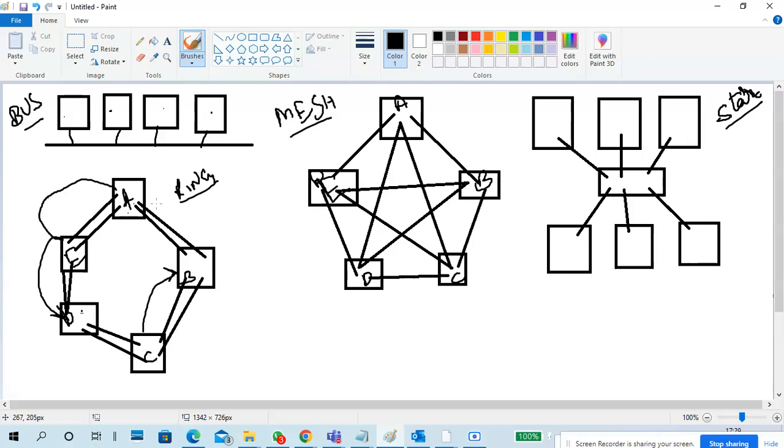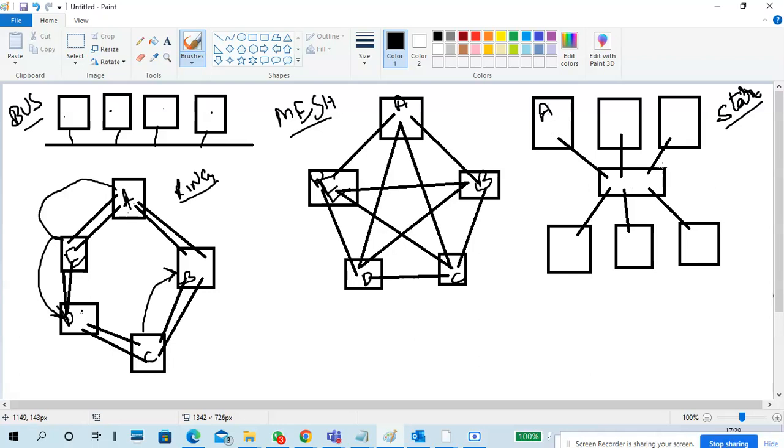Okay, this is bus, we can understand. Ring is okay, mesh is okay. It doesn't look like a star, right? This looks like a star, this does not look like a star. But the point is the star is in the center and it gives light out, right? So that is otherwise sun topology or star topology, moon topology, whatever.